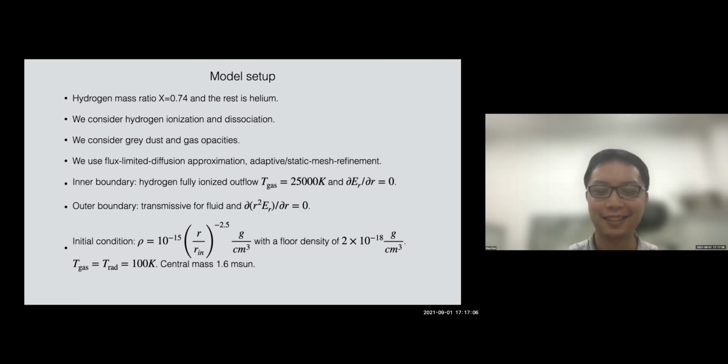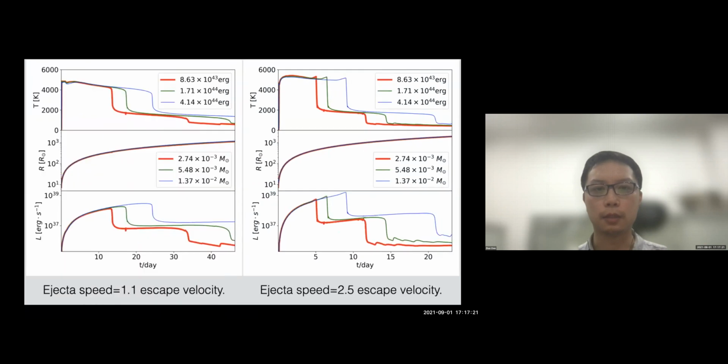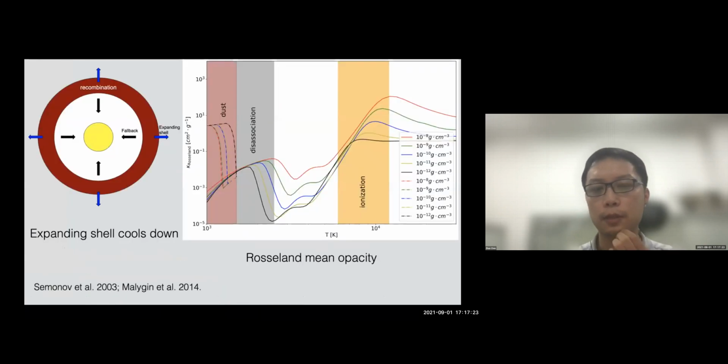Sorry, my webcam isn't working, but I was curious if you included considerations of formation of ice and grains in your dust, and if not, how do you expect that to change your results? The opacity table has included the formation of different dust. It has 5 kinds of dust, including water, methane, and silicate.